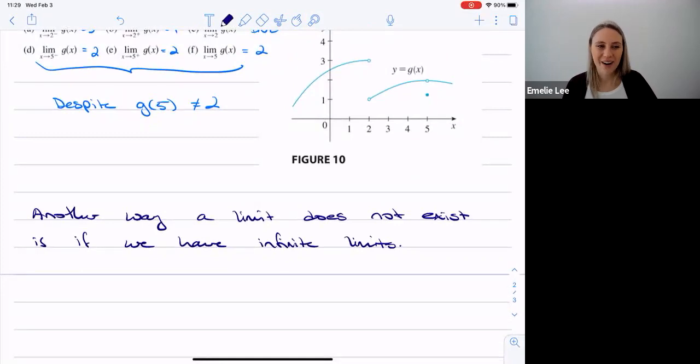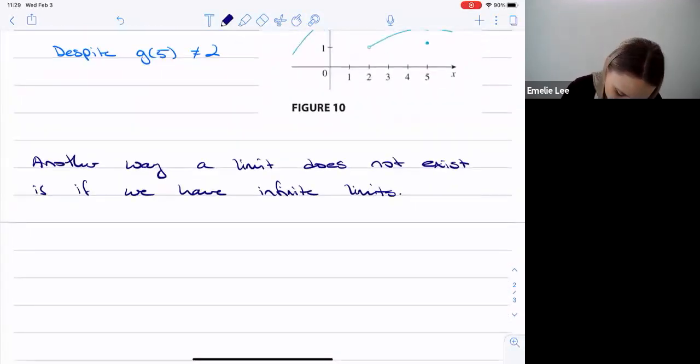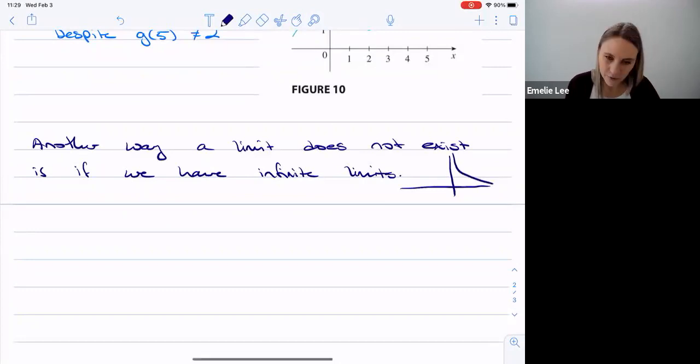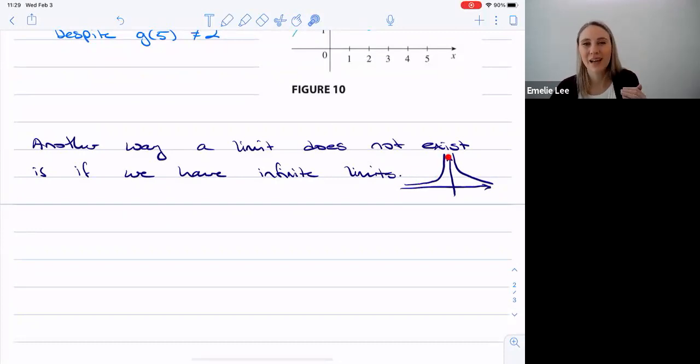Infinite limits are when we have situations like, and because I've got a page break here, I'll just squeeze it in. If we've got something like this, or maybe even like this, here are my axes. As x goes to 0 from the left, things are shooting up towards positive infinity, up, up, up. We've seen those asymptotes before, probably in a previous course, these vertical asymptotes.